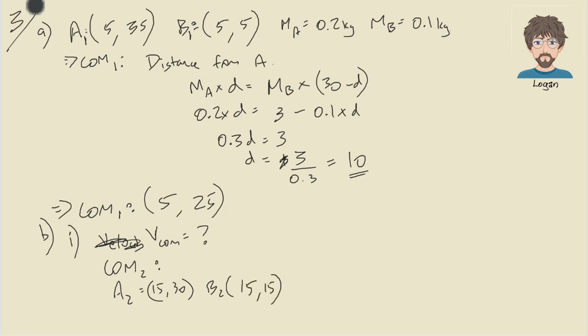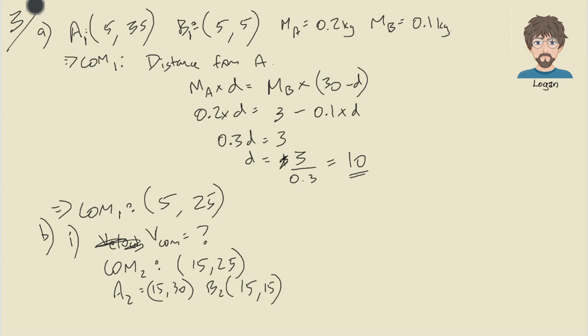So the center of mass, again, we're at the same X position, and the Y positions are now 15 apart, so we're 2/3 of the way from B2 to A2, which gives us 15, 25 as the center of mass 2.